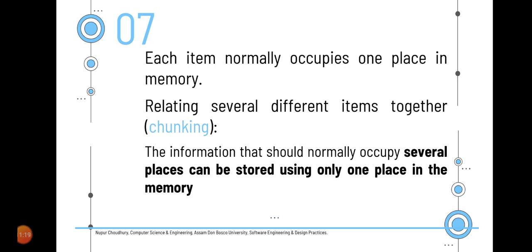The information that would normally occupy several places when independently stored will now use only one place of memory if we chunk the related information together. So the conclusion is that if you are able to build a relation between the things that you want to remember, then it becomes rather easier. And this entire process is known as chunking.